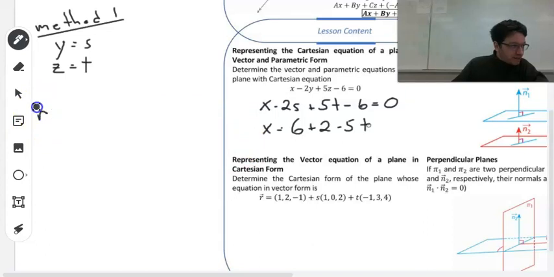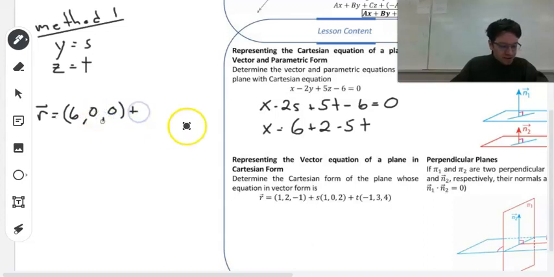And we can write that as a vector equation. So r equals, so our first point is we have 6, and then no constants here, so 6, 0, 0, plus we have our first scalar quantity, s, and then over here, oh, I forgot the s here, minus 2s.